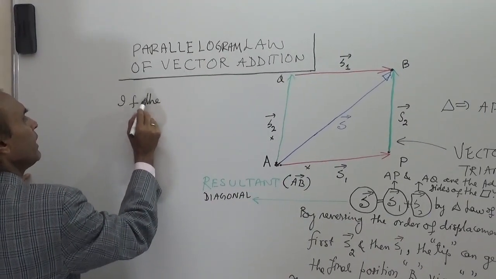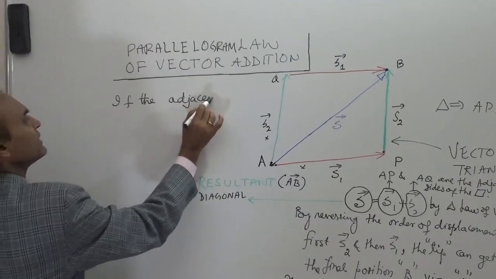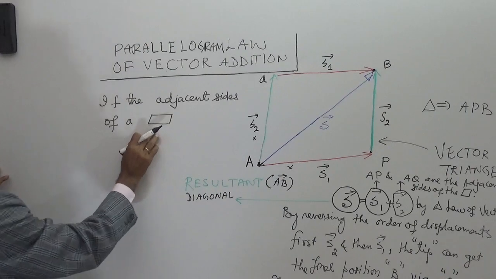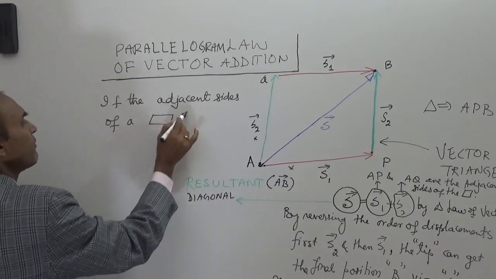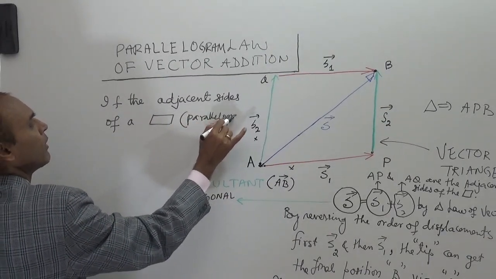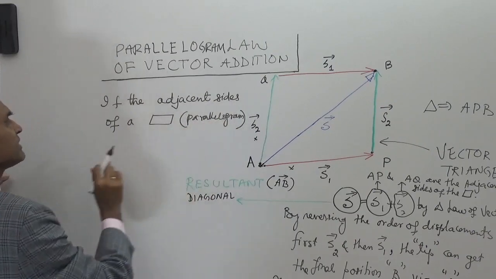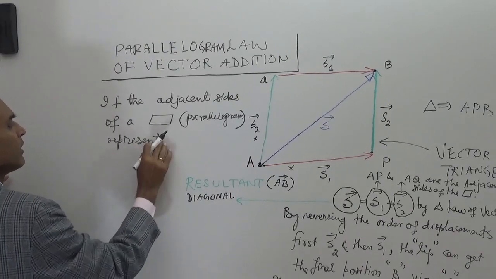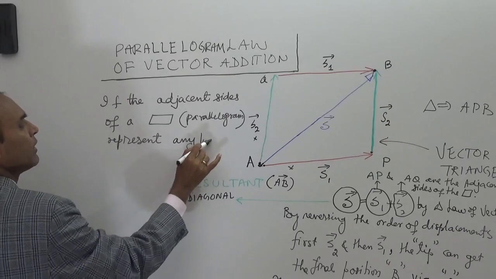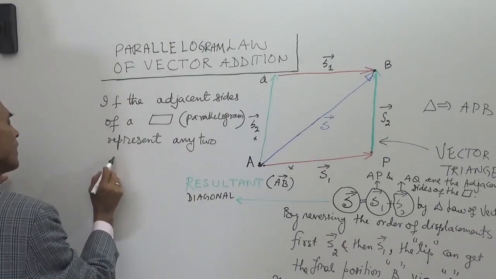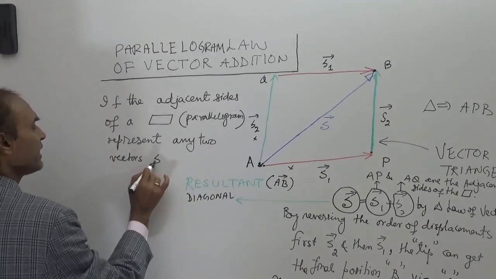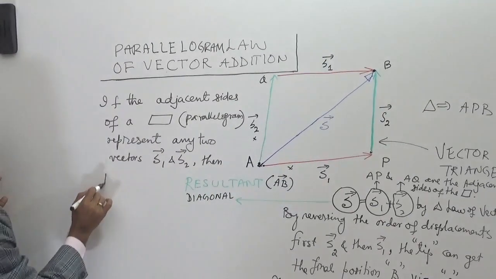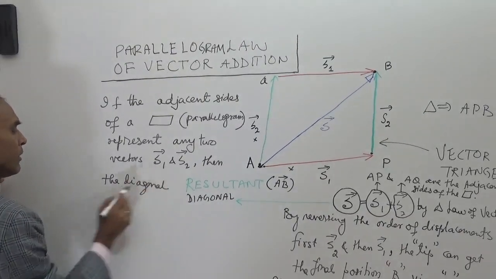if the adjacent sides of a parallelogram, this is a geometrical symbol of a parallelogram, represent any two vectors S1 and S2, then the diagonal, which diagonal?